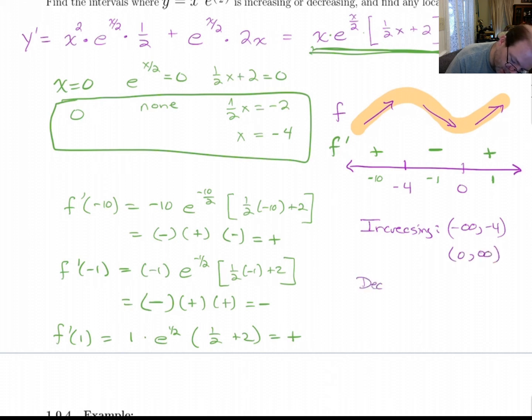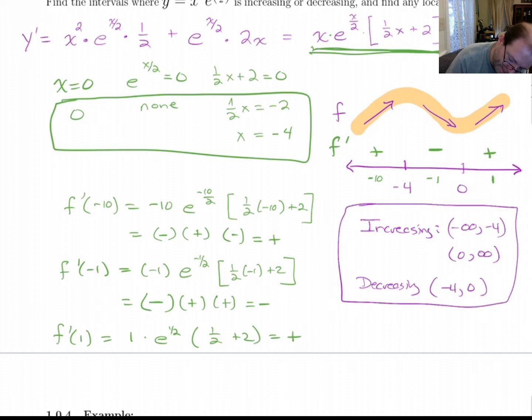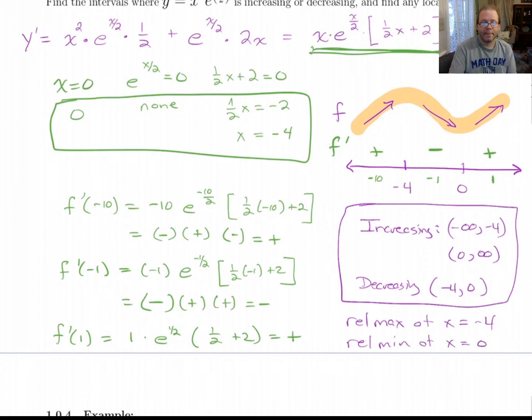And it's decreasing on -4 to 0. And it's got a relative max at x equals -4 and a relative min at x equals 0. All right.